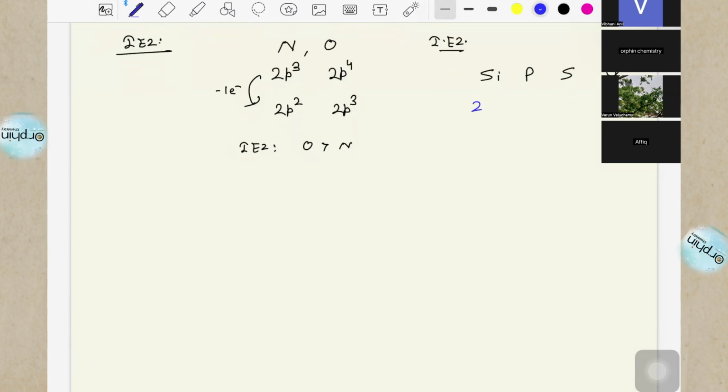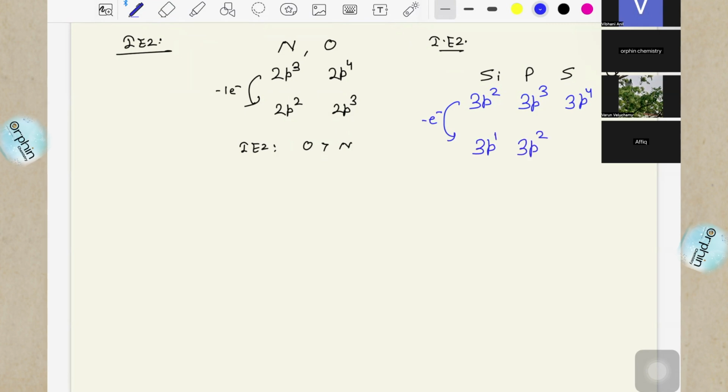Okay, so let us see. Silicon is 2p2 here. Phosphorus is 2p3. Sulfur is 2p4. Chlorine is not 2p, 3p. 3p2, 3p3, 3p4, 3p5. So from this configuration, if we are comparing, that means we are comparing I1. We have to compare I2. So remove one electron. It will become 3p1, 3p2, 3p3, 3p4.